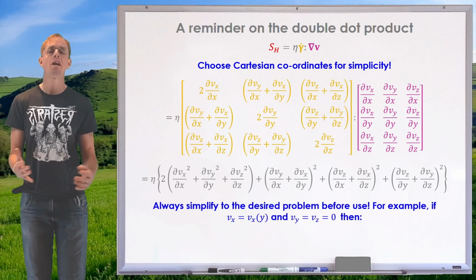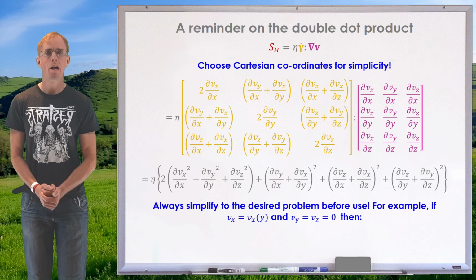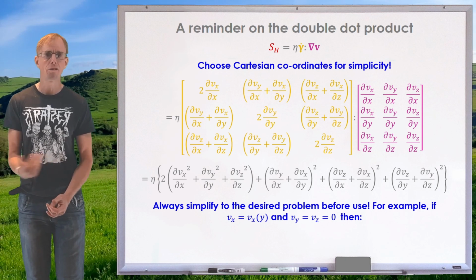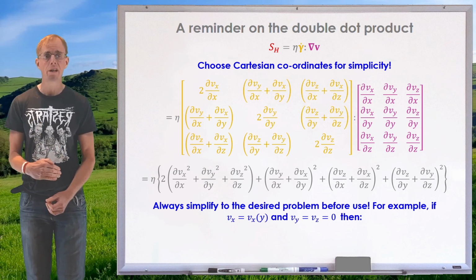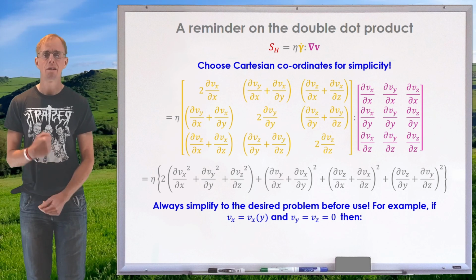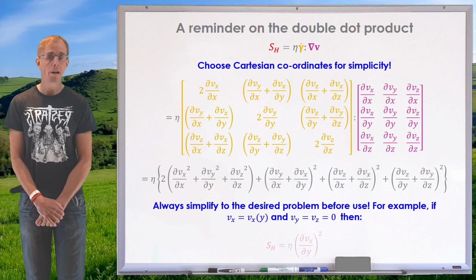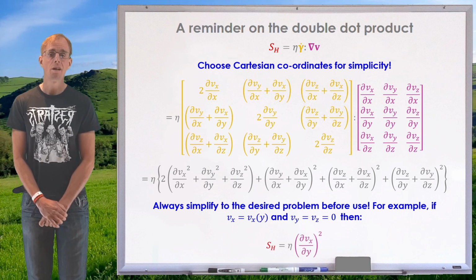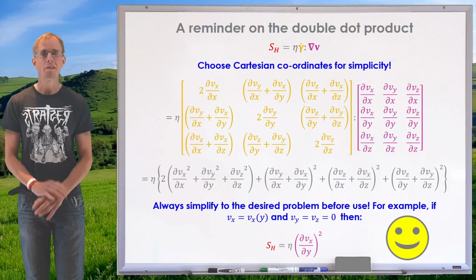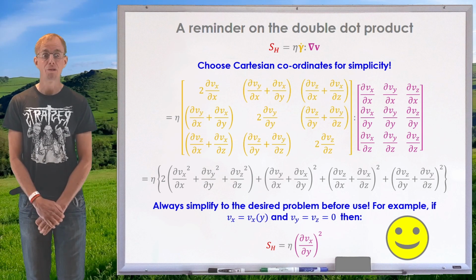So let's say, for example, we've got a simple shear flow where in Cartesian coordinates we've got an x direction velocity that simply changes in y. There's no y direction velocity, there's no z direction velocity. Then the only term that remains of this double dot product is simply dvx by dy all squared. And that's nice and easy to deal with. And we'll see how we can use this in the final part of this lesson.